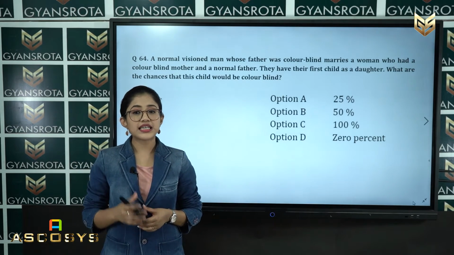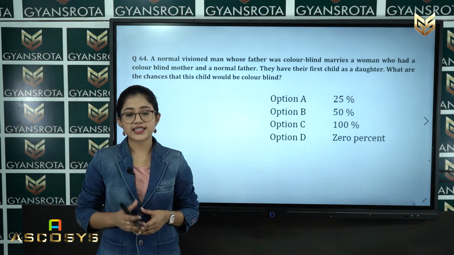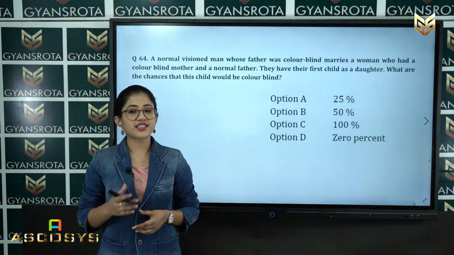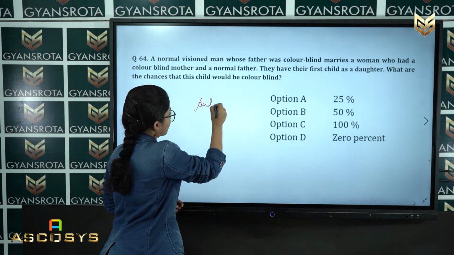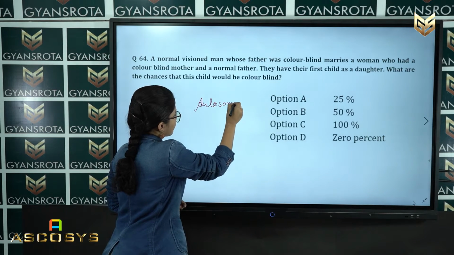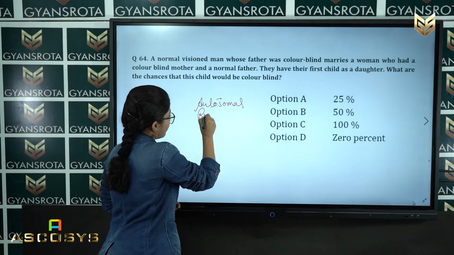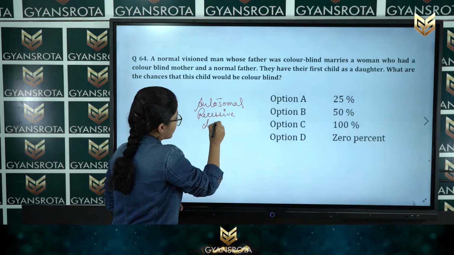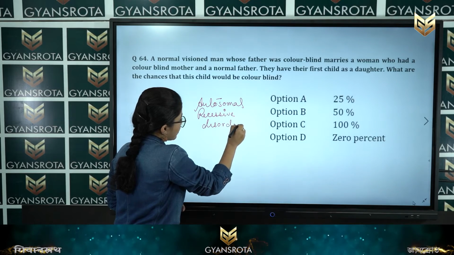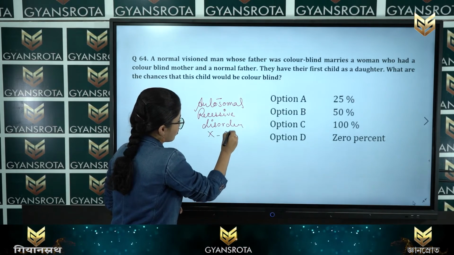So, we know that colorblind is an autosomal recessive disorder present on X chromosome, right.